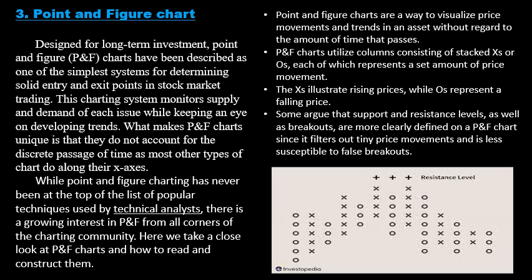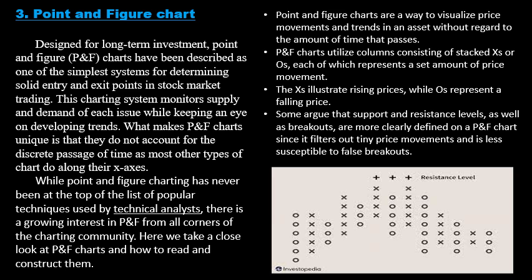Here we take a close look at the point and figure chart, and how to read and construct it. It is typical when compared to the other charts. With a bar chart you can easily understand increases and decreases, and through the line chart also you can easily understand the movement of the security, but here it is difficult to understand.